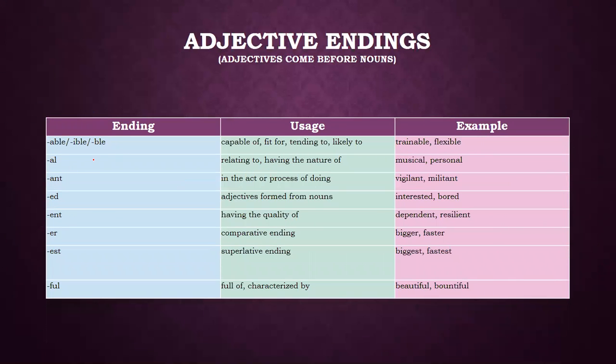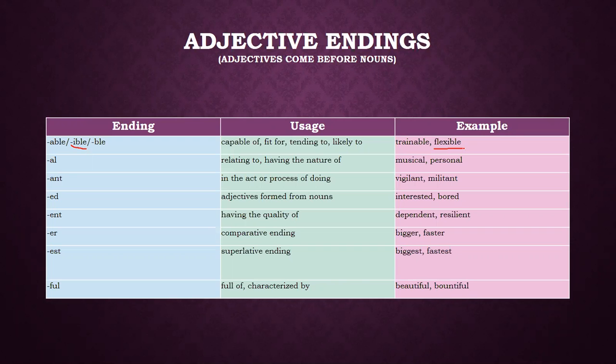For adjectives, for example, we have the verb flex, just flex. If I say I'm gonna flex on my haters, or if I say I'm gonna flex my muscles, that is a verb, right? That's an action. But what if I add the ending ible? Now we changed it from a verb into an adjective, flexible.